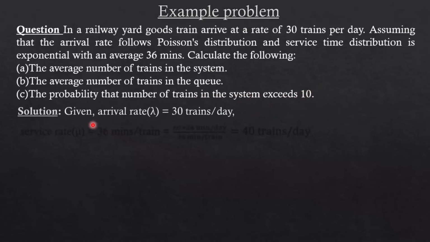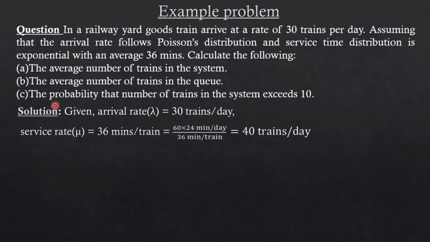Now let us solve this. So the given value, that is the arrival rate lambda, is 30 trains per day, and the service rate is given by mu. The service time is given as 36 minutes per train, and if we need to convert it, we'll see that in a day how many minutes are there.